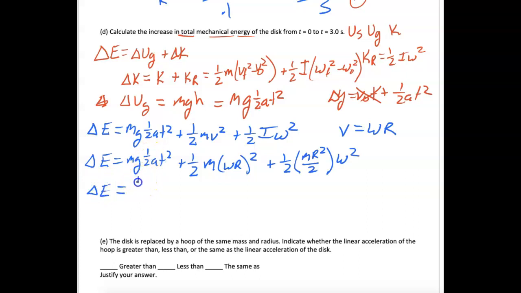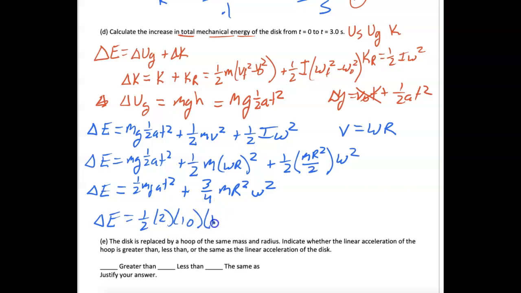So at this point we have 1/2 mg at squared plus, and then all of this, if you want to, you can combine it and it becomes 3/4 mr squared omega squared. If you don't want to combine it, you can just plug the numbers in. So it's totally up to you. Delta E then is equal to 1/2. Mass is 2, gravity is 10.